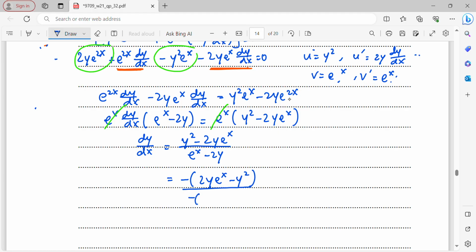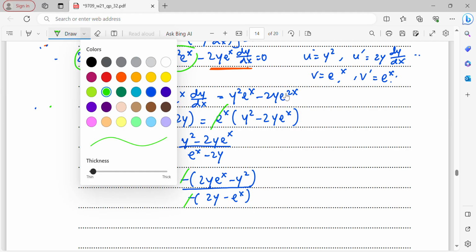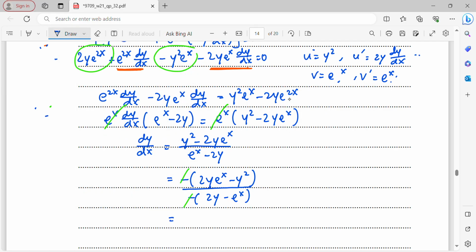And same goes to the denominator. When I factorize minus, my negative 2y becomes positive 2y, then my e^x becomes negative e^x. So now the negative can be cancelled off from both numerator and denominator. Therefore, at last I will be getting 2y e^x minus y squared divided by 2y minus e^x. Okay, so that is the solution of this question.